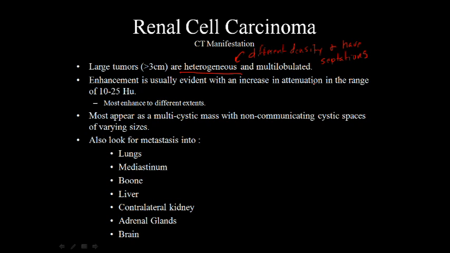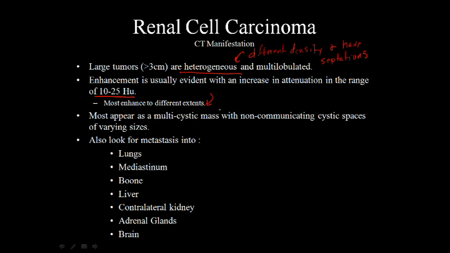Enhancement is usually evident with an increase in attenuation in the range of 10 to 25 Hounsfield units. So basically, on your non-contrast scan and your contrast scan, on your contrast scan, you're going to see the density bump up around 10 to 25 Hounsfield units. And most enhance to different extents.